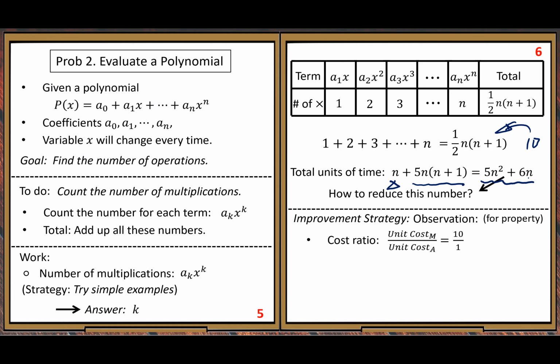Yes, multiplication. Look at the share of contribution in the total amount of time units. Multiplication share is this much bigger than the percentage of the addition.